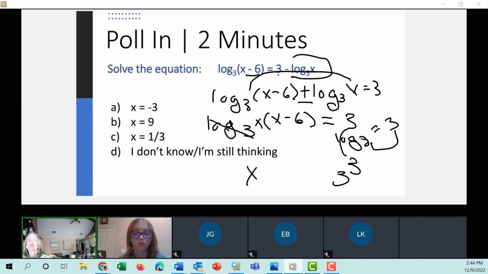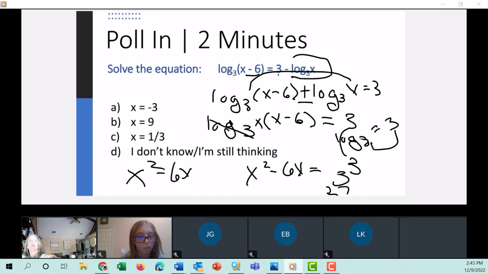So we have x squared minus 6x equals 27. Subtract 27 from both sides and you get x squared minus 6x minus 27 equals 0. Factor, and you get 2 factors and 2 solutions, 9 and negative 3.